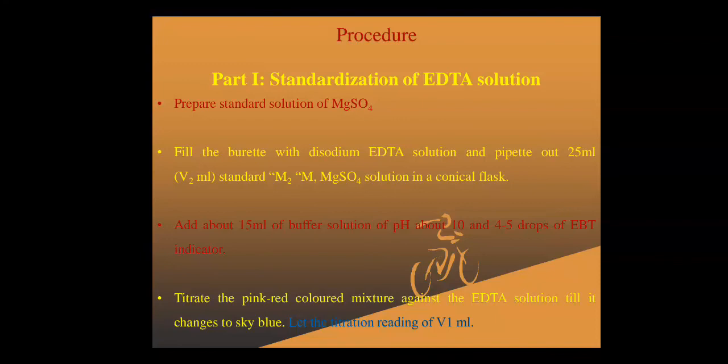Fill the burette with EDTA solution, pipette out 25 ml of M/2 molar MgSO4 solution into a conical flask. Add 15 ml of pH 10 buffer solution and 4 to 5 drops of EBT as an indicator. The solution becomes pink red. Titrate the pink red solution till sky blue color is obtained. When sky blue color is obtained, stop the titration and note down the reading.